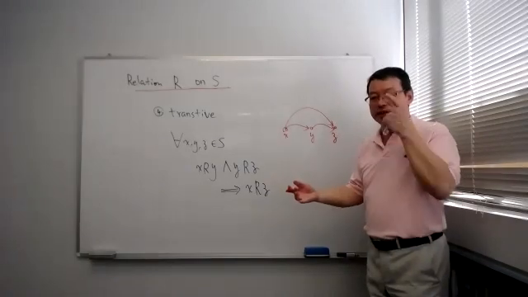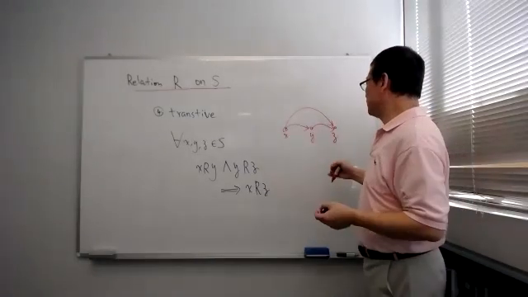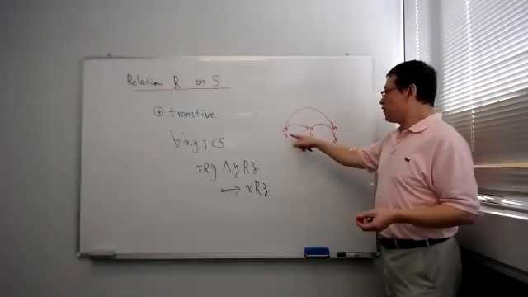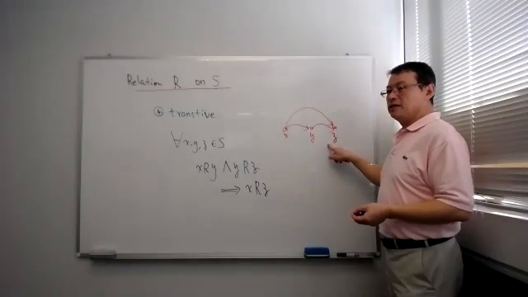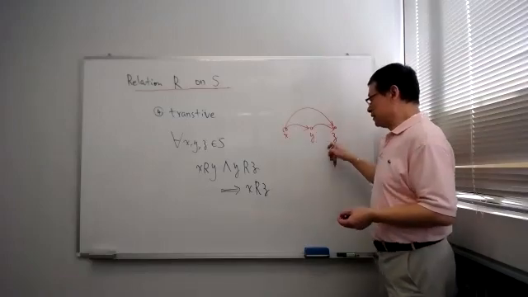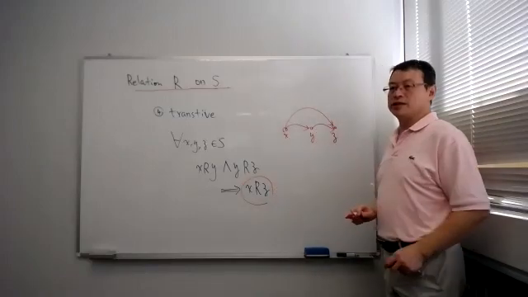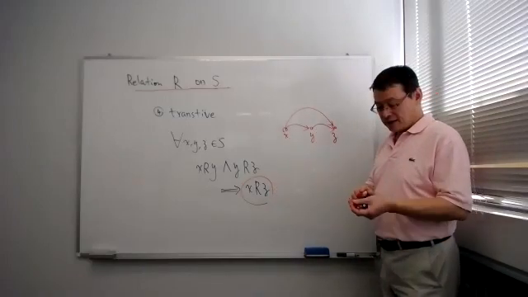So transitive means as far as I can get from x to y and y to z, I can get from x to z. So this one must be in the relation. That's called transitivity. All right.